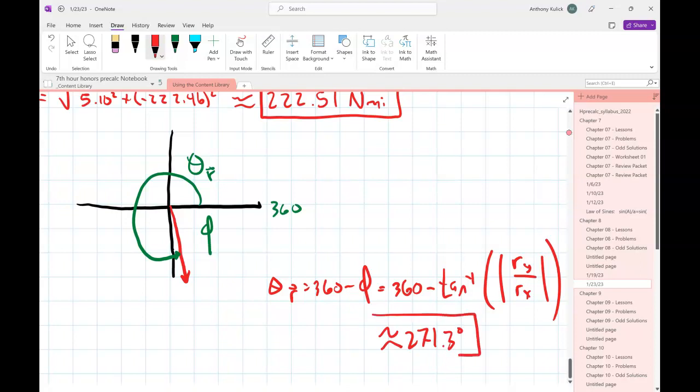So that's my standard position angle. If I want it as a bearing, then I have to do a little bit of extra work to it, but that's the gist of it. What do you notice? Basically the same procedure as we did first semester. We just have some different names for things.